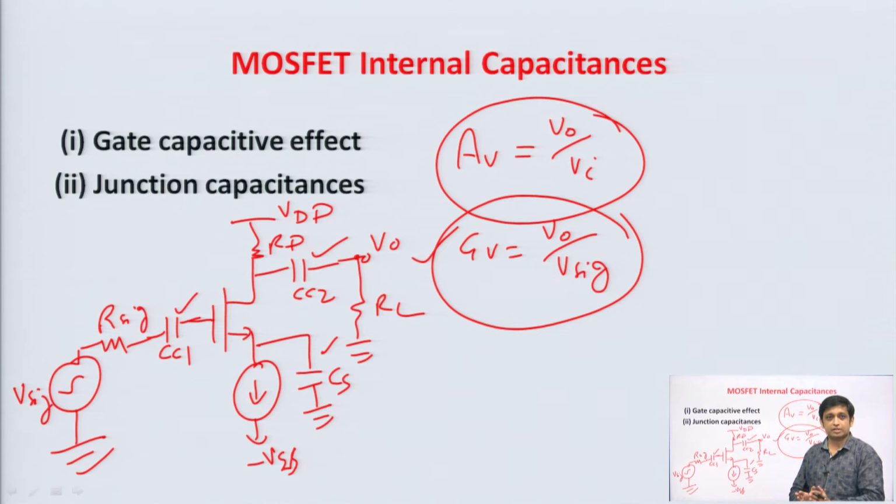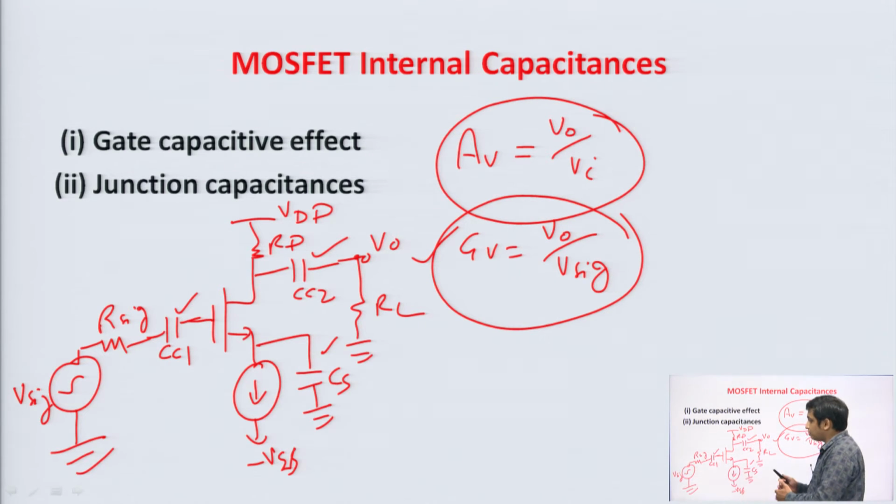We need to understand the effect of the internal capacitance and of the external capacitors on the voltage gain. Obviously, if a capacitor is involved, some frequency is involved. The behavior of the capacitor changes at low frequency and at high frequency, and due to that change the gain is reduced.